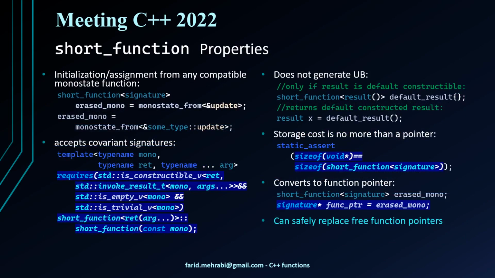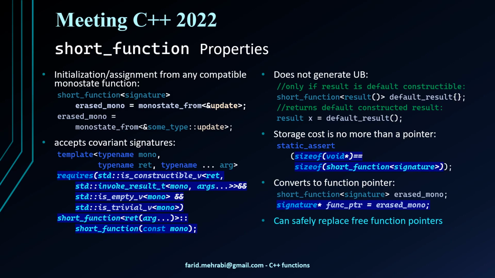We can assign function pointer literals or member pointer literals to the short function through use of the previously mentioned Monostate from and Monostate from overload template variables. That is, a short function can actually store a function pointer or a conversion of the member function pointers.